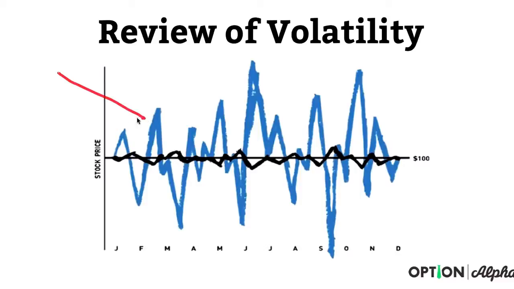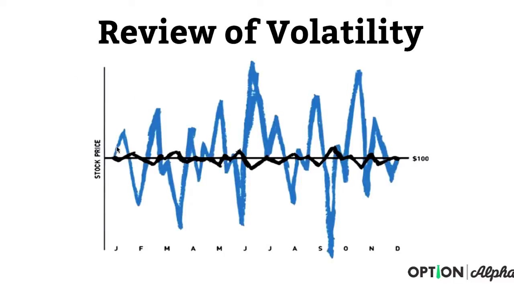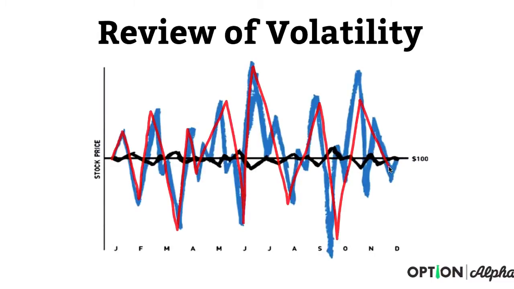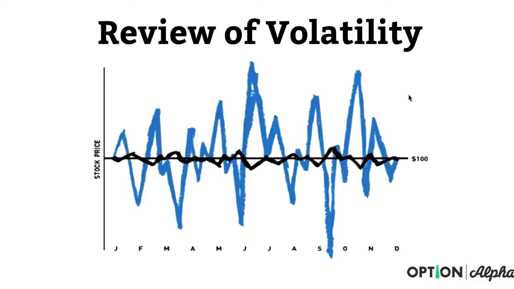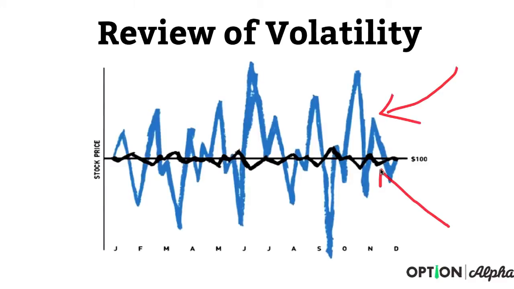Compare that to stock B, which is going to be the stock that's in blue. You can see they both start out and end at the same price, but stock B has much higher and much more volatile moves in its price as it gets to that average of 100. So you can say that stock B, which is again the one here in the blue, has higher implied volatility than stock A. Again, stock A, which is the one here in black, has lower implied volatility.